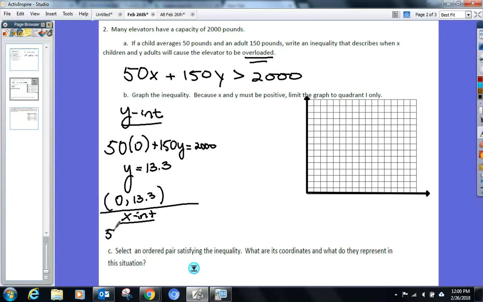So 50x plus 150 times 0 equals 2,000. Where does it cross the x-axis? 40, 0. Yep.